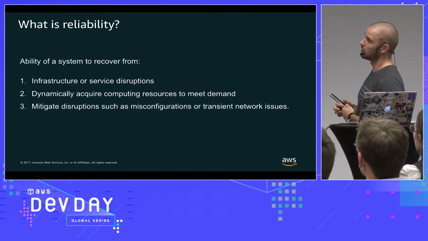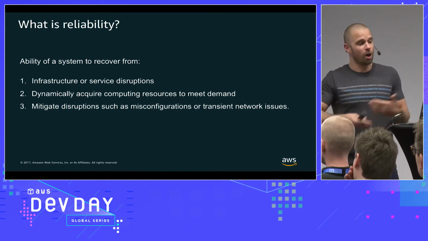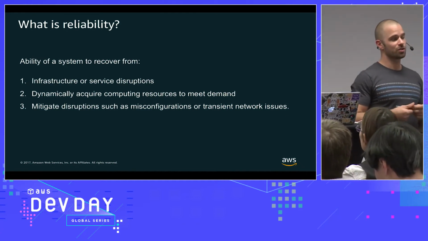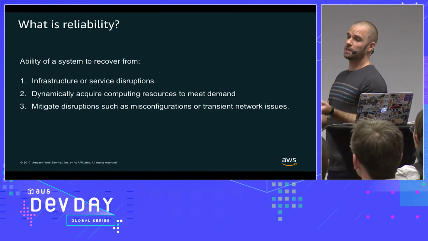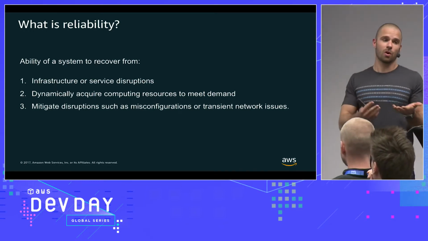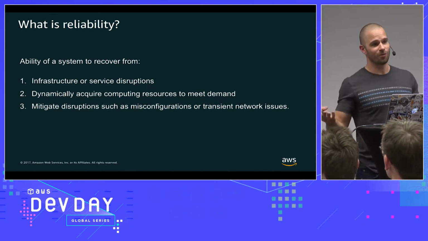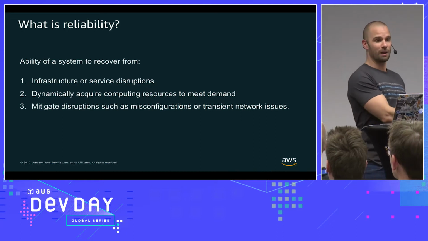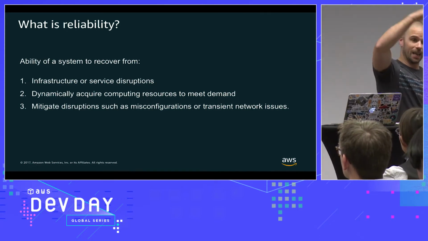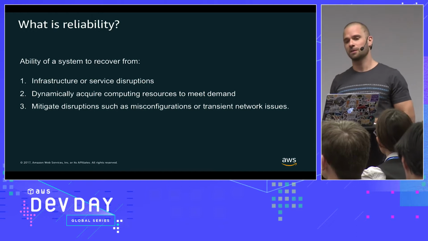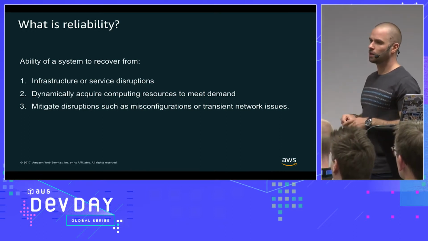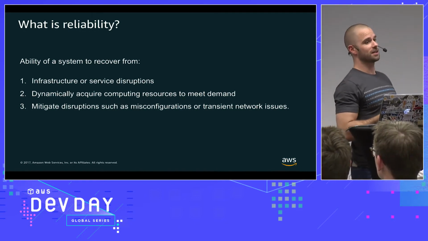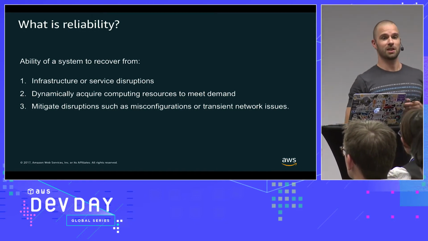The second is the ability for your system to recover from that, especially to get the computing resources required to support your demand. So as your users grow, how does your system grow? Does your database grow faster than your load balancer? Does your application scale out? Does it scale up? All of these things, right? And these are usually done by load testing. A very simple way of doing that is understanding how you load test your application.